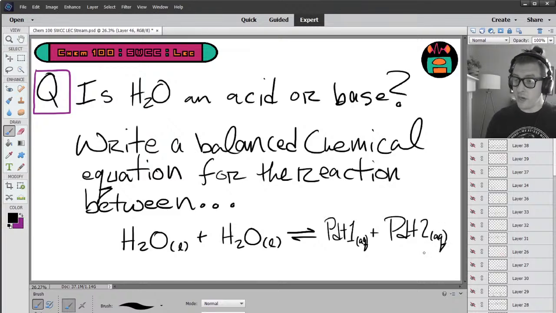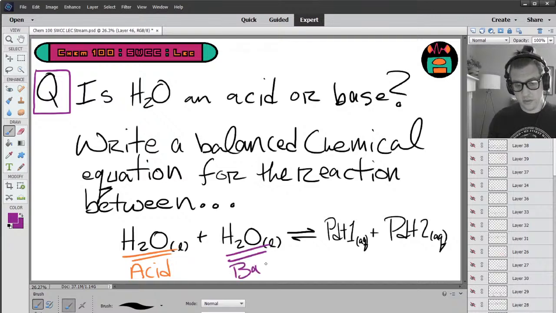And I'm going to give you one more hint. In this reaction, this molecule is an acid, and this molecule is a base. Can you write the balanced chemical equation for this reaction?